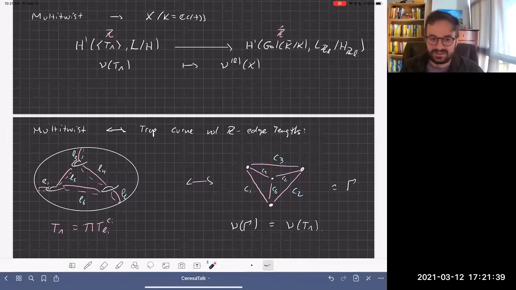However, the benefit of our class is that even though it's torsion, it turns out to be very computable. If someone hands you a multi-twist on a low genus surface, you could actually compute by hand what the Ceresa class is, and also compute by hand whether or not it's trivial.